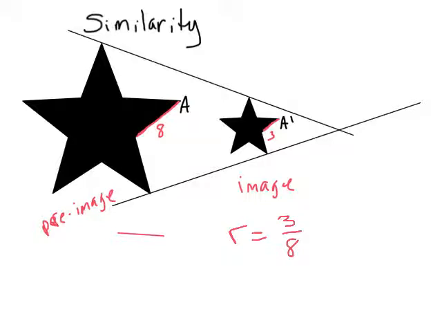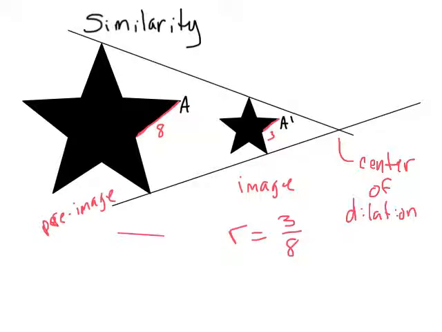Now, we can also find the center of dilation. And the center of dilation is found by connecting corresponding points. And if you do that to two of them, they're going to intersect at the center of dilation. So we've done some constructions a long time ago where we've used the center of dilation and actual measurements to create an image from its pre-image.